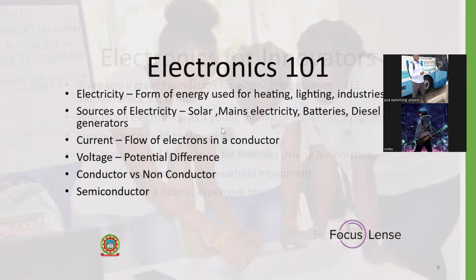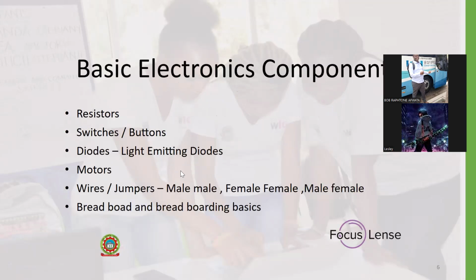And then we introduced electricity because we'll be using electronics. Basically, it's just the study of electrical current and the devices that control it. So we learned about current, voltage, and conductors, non-conductors. And then we were introduced to resistors, switches, buttons, all this.